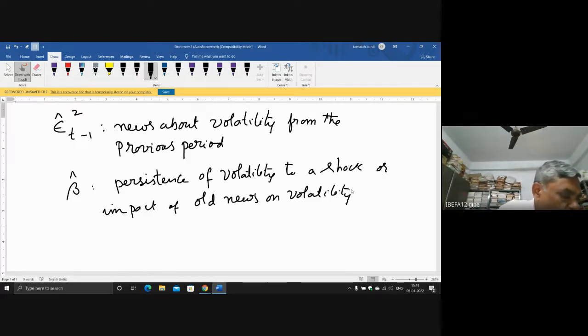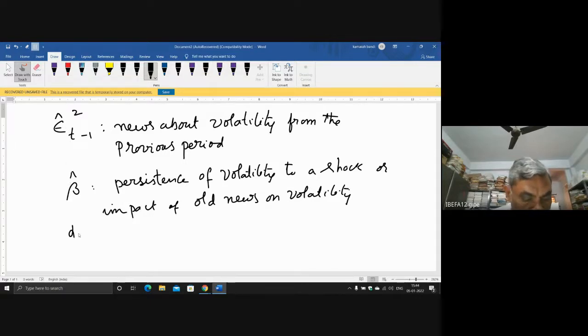Further, the coefficient measures... now alpha plus beta is less than 1.